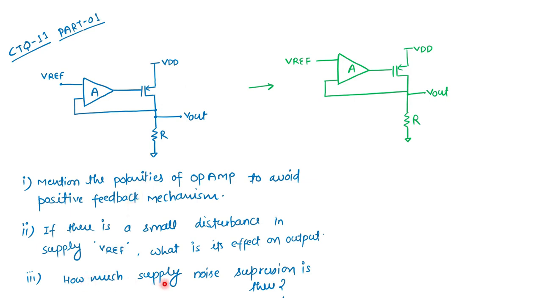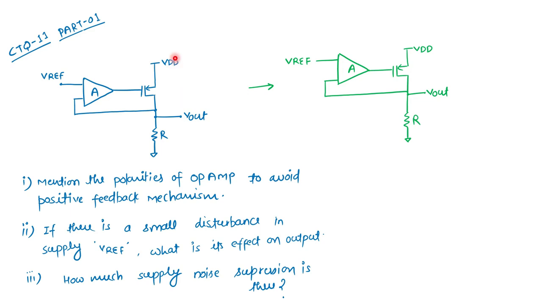Okay, so how much supply noise suppression is there? Supply noise suppression means we'll simply apply some perturbation in the supply because we want to see the effect of that supply perturbation on the output, and exactly this factor particularly should be low enough, because any particular perturbation in supply, if it is reflected on the output, then we can say we are having the supply noise effect directly on the output.